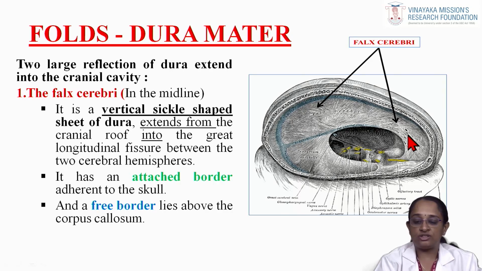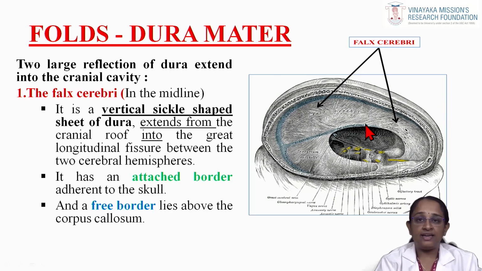Can you see this picture? It is almost like a weapon, a sickle. On the left side is the cerebral hemisphere, on the right side is the other cerebral hemisphere, and the falx cerebri lies in between, so it separates the two cerebral hemispheres. Then its attachments: it is attached anteriorly and posteriorly, and superiorly it is attached to the bones, but inferiorly it is free.